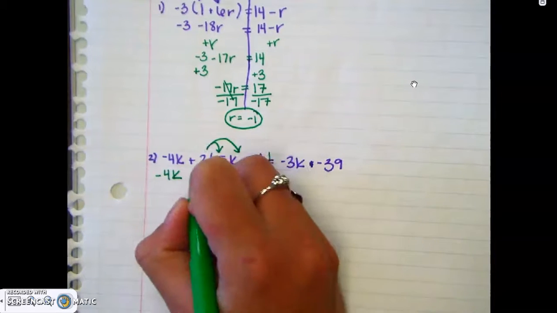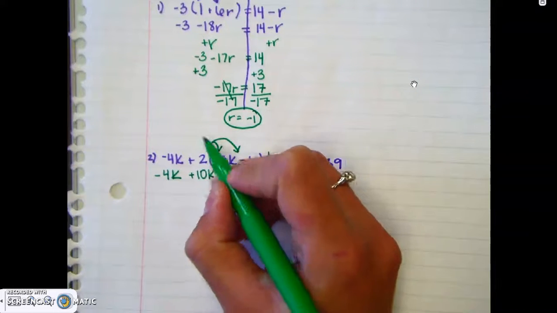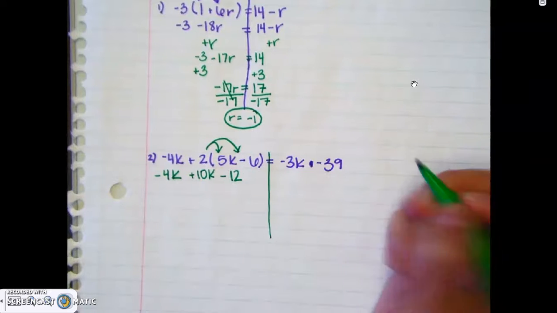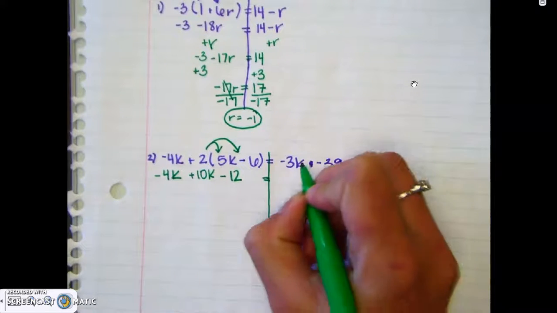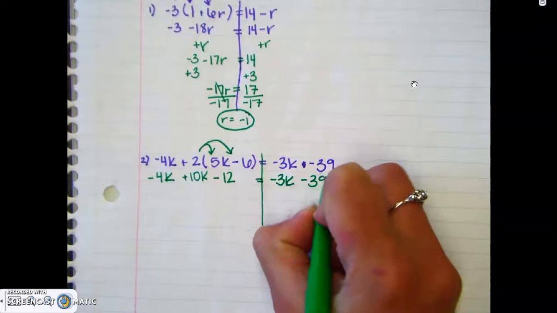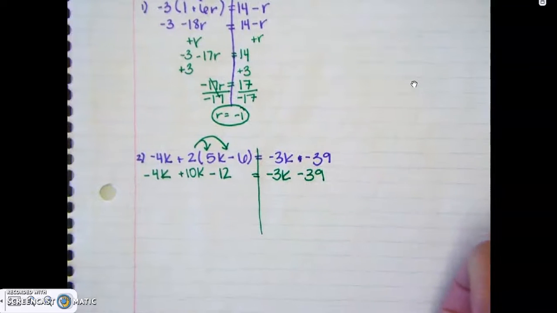So 2 times 5 is 10k. I wish I had that much money. And 2 times -6 is -12. And then equals -3k minus 39. Okay, whenever I get to this step, I always ask myself, are there any terms I can combine?